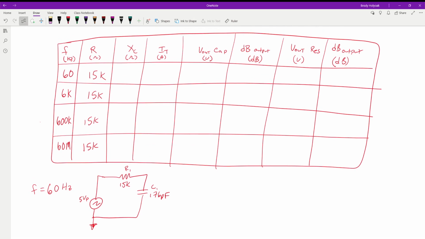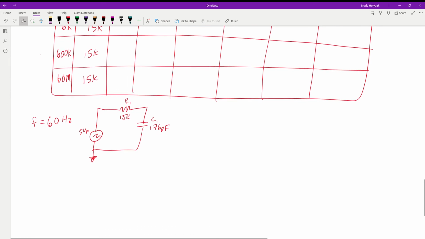We need to find the capacitive reactance of this capacitor at 60 hertz. So remember, X of C is equal to 1 over 2 pi times the frequency times the capacitance. So X of C is equal to 1 over 2 pi times 60 hertz times 176 picofarads.